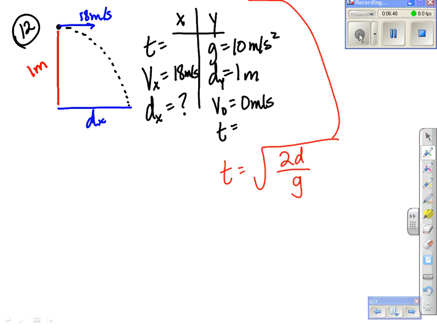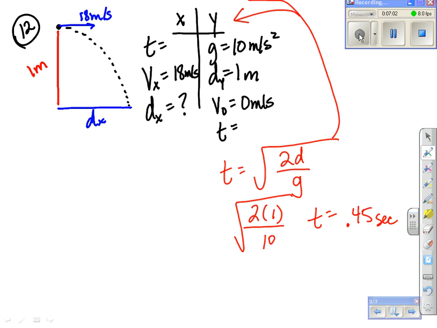Remember, this can only be used on the y side of the equation. So the square root of 2 times 1 divided by 10 would give me a time of 0.45 seconds. So if it's 0.45 seconds here, it's also 0.45 seconds here.